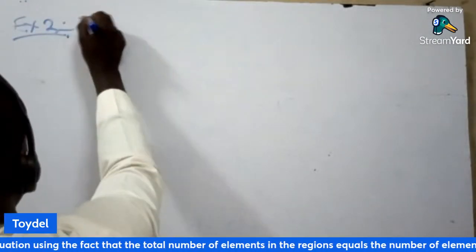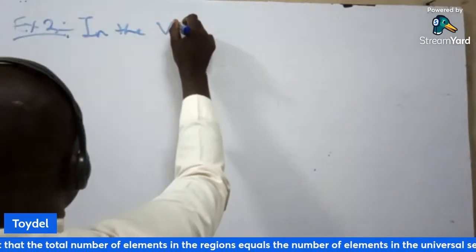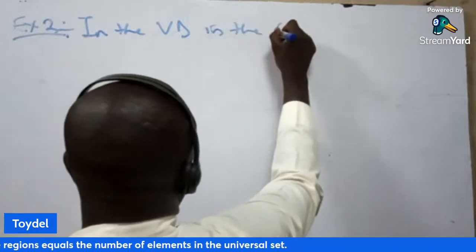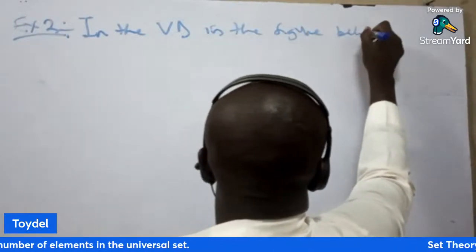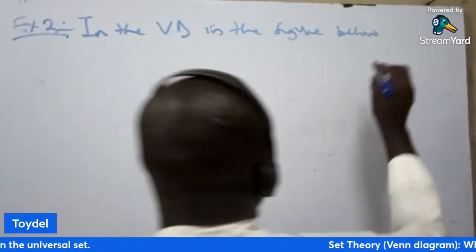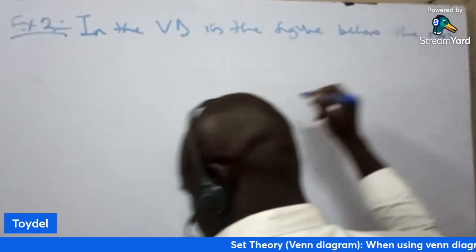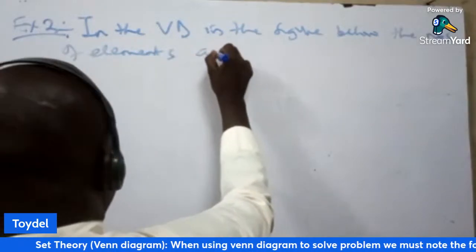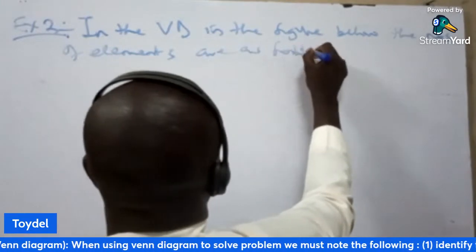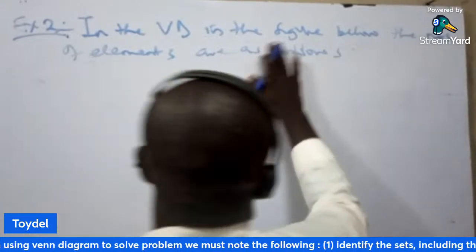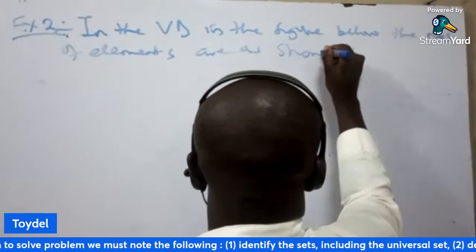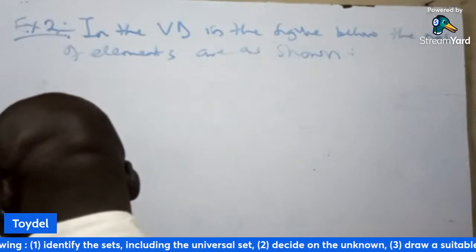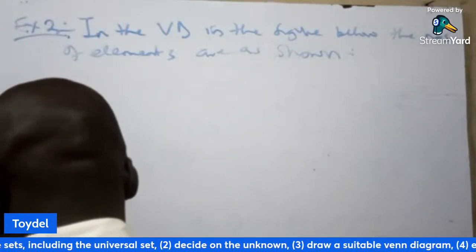So in this case now, we are given that in the Venn diagram in the figure below, the numbers of elements are as shown. So what are the elements?